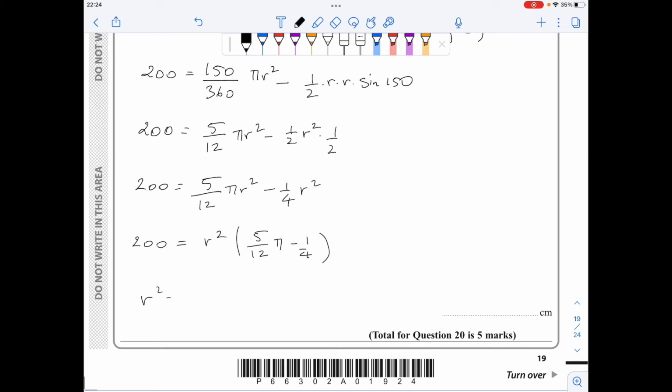So r squared is equal to 200 divided by this number, 5 over 12 pi minus a quarter, which comes out to be 188.8 and so on. So r is the square root of this number, which comes out to be 13.7 centimeters.